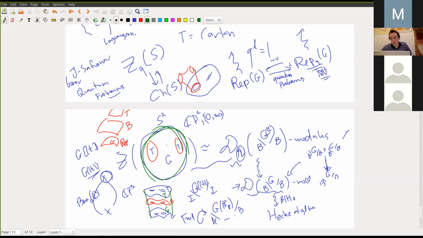This will bring you back to the original pictures. Yeah, exactly. That's right. In fact, that's more or less why this thing has a monoidal structure. That picture will be related to why it's monoidal, I think.